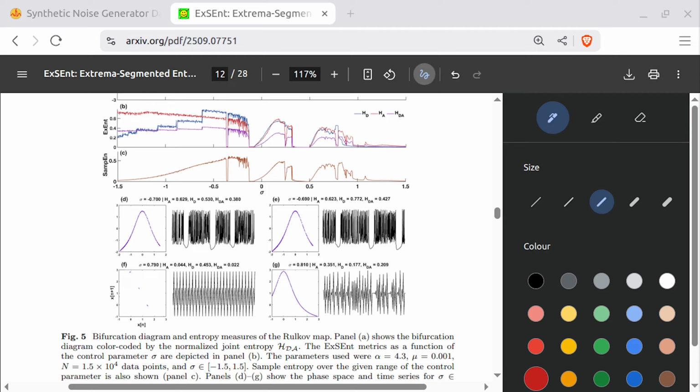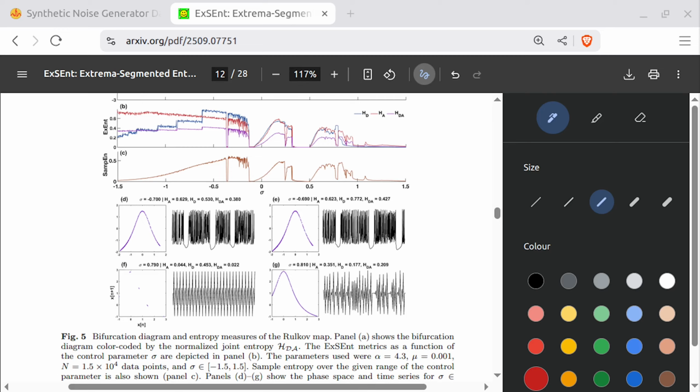These graphs illustrate different regimes, like semi-periodic and semi-chaotic behaviors, showcasing how the system's state evolves over time, and how its variables relate to each other in a multi-dimensional space. Panels F and G are additional plots that show histograms of the local maxima for different sigma values.